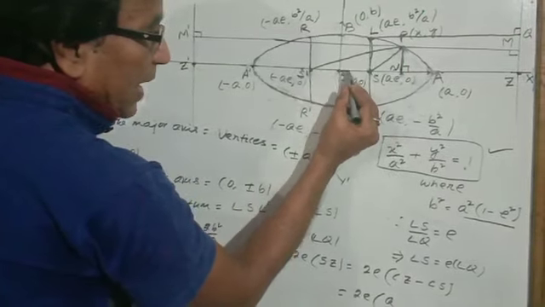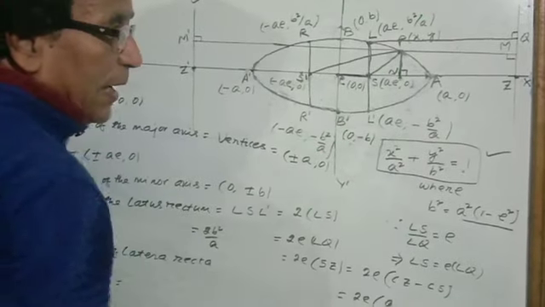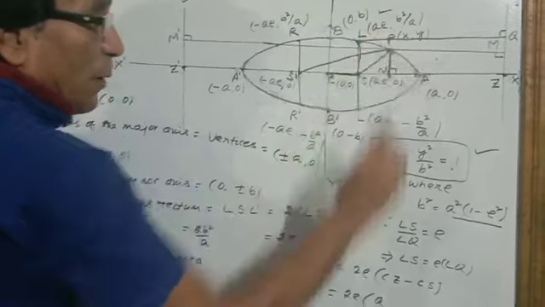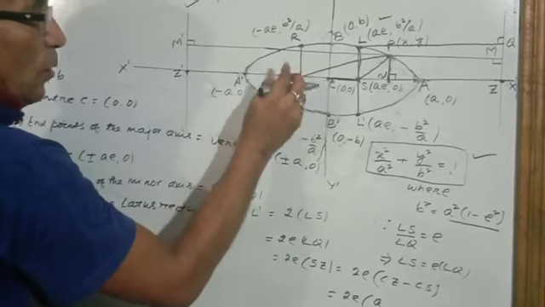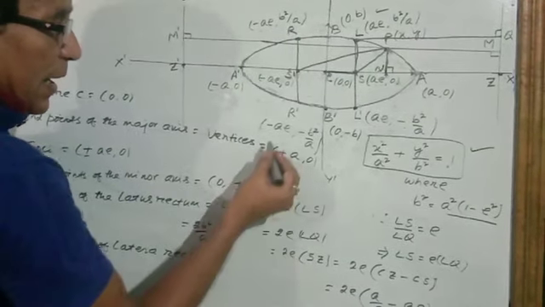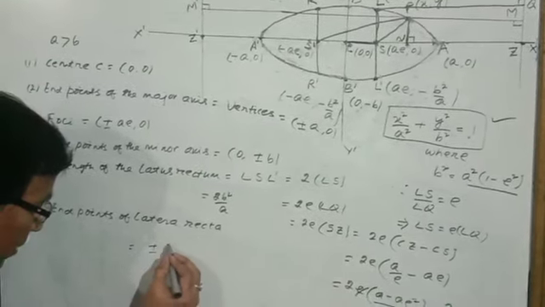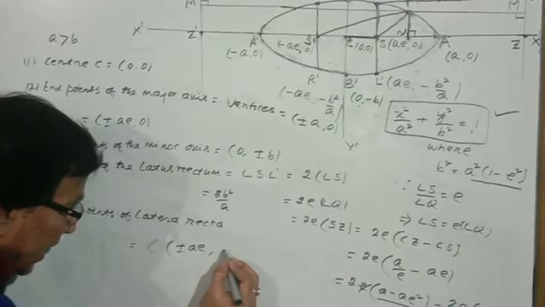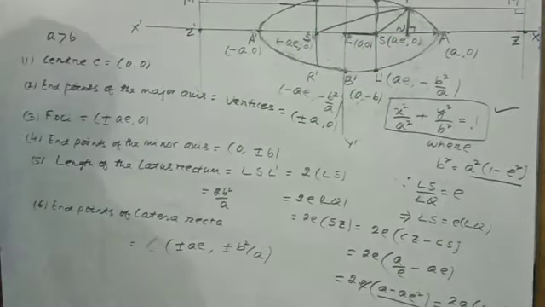The x coordinate of the point L is CS, which is AE, and LS is equal to B square by A. So the coordinates of the point L are AE, B square by A. Similarly, the other endpoint L dash will be AE, minus B square by A. The point R will be minus AE, B square by A, and R dash is minus AE, minus B square by A. So we have to remember that the endpoints of the lateral recta are plus minus AE, plus minus B square by A.